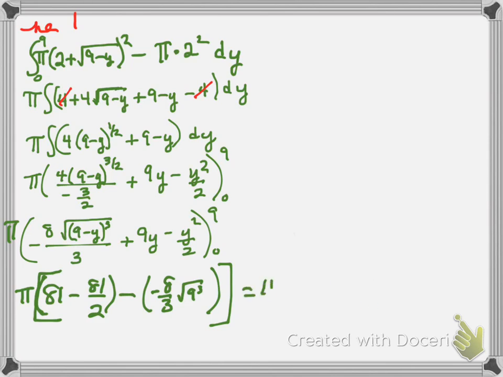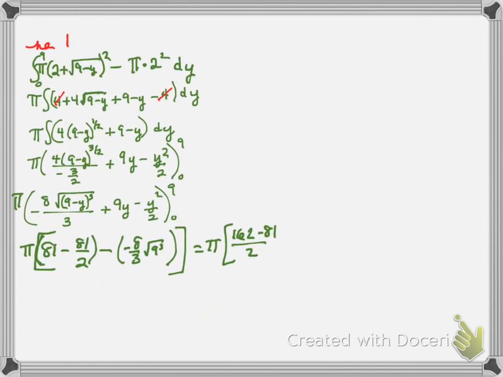So now I have pi, 81 times 2 is 162. So I would have 162 minus 81 over 2 for that, which would be 81 over 2. And then over here we said this comes out to be 27. So I have a negative 8/3. And honestly, this negative that's here, I can combine these two and make a plus.